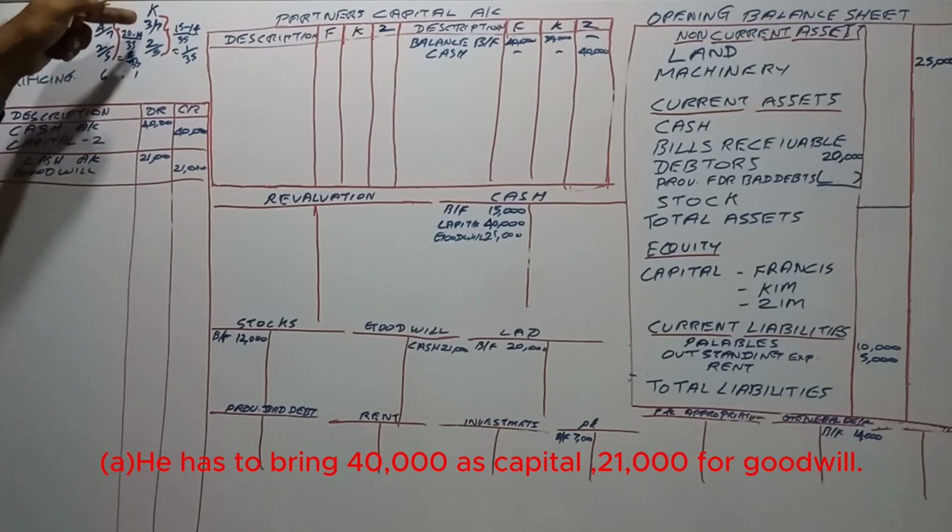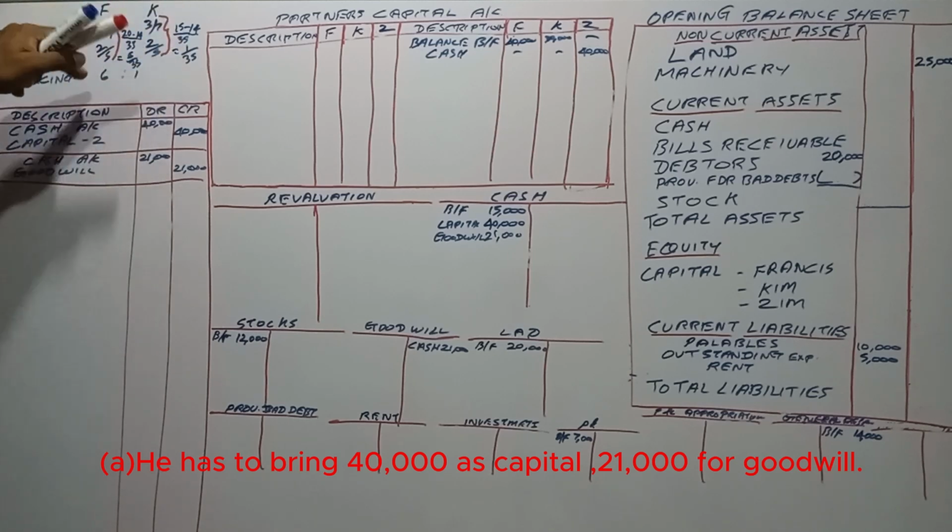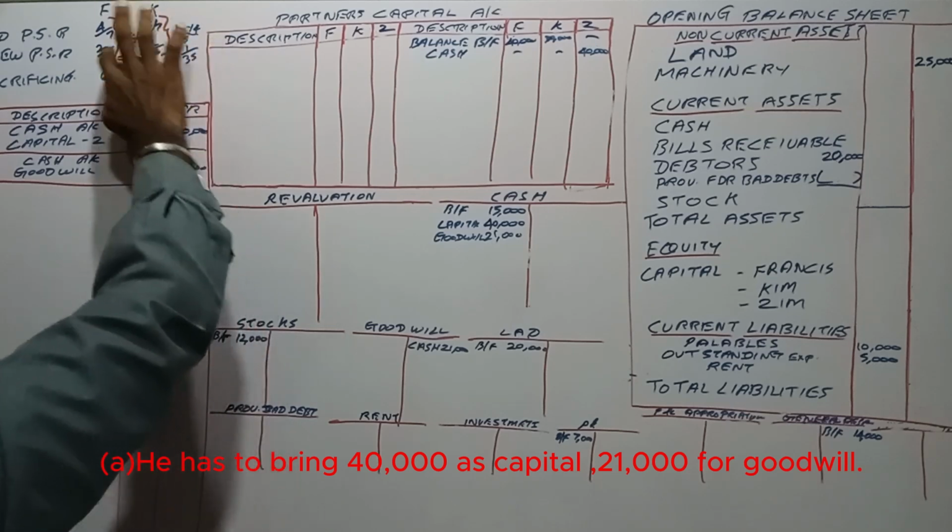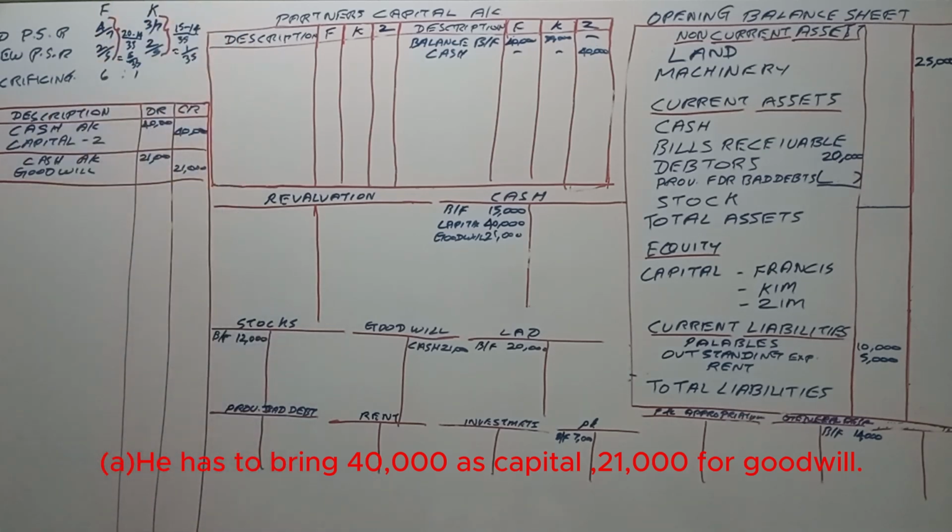Here 3 by 7 minus 2 by 5 equals 1 by 35. So if you eliminate the 35, it is 6 into 1. Okay, that is the ratio.